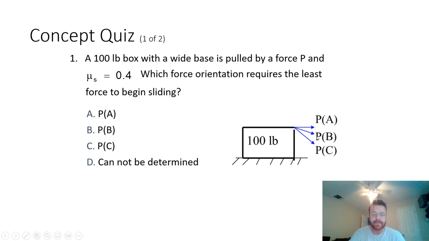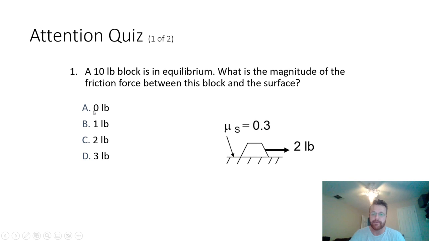So if our applied force has any component in the downward direction, that will increase the normal force, which will increase the maximum static friction force, making us apply a larger force in order to get this thing moving, to overcome that impending motion. So what happens is exactly what you would think. If you push purely in the horizontal direction, you're going to have to apply less force to get this thing moving. So the answer is A, or P sub A.